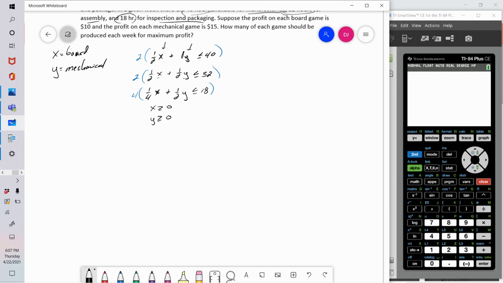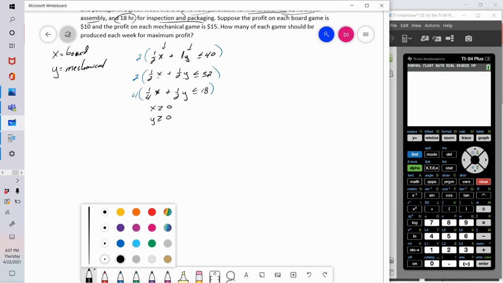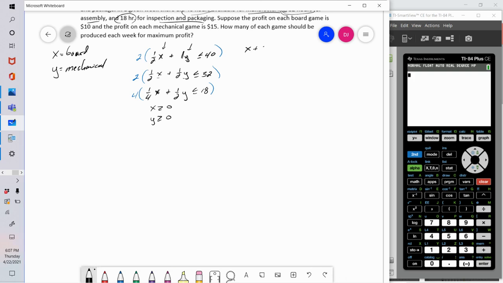And so what that's going to do is I'm going to now have my first three equations: x plus 2y is less than or equal to 80. X plus y is less than or equal to 32. And then x plus 2y is less than or equal to 36. X and y are both greater than or equal to 0.